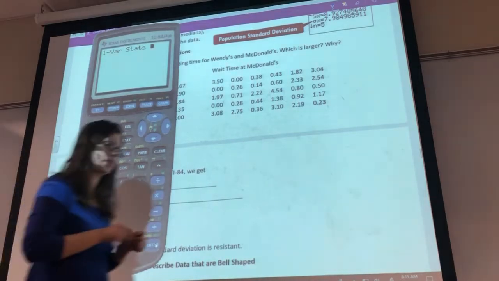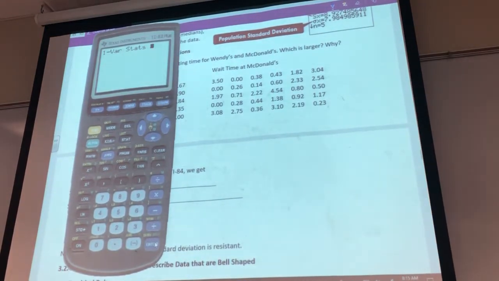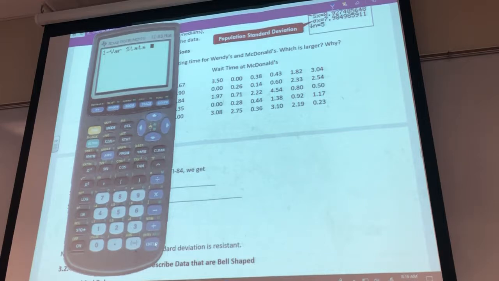So if you put numbers in L1 for a problem, and then for some reason you went away from that problem and you're trying to do something else, but you don't want to delete those things in L1 because you don't want to have to put them back in again, you can use your second list, and that's going to be fine. The only thing is if you put it in L2, when you run your 1-Var Stats, you have to specify that it's not the first list. So you just do second 2, do L2, and then it's going to look at your L2 and it's going to give you these values instead.